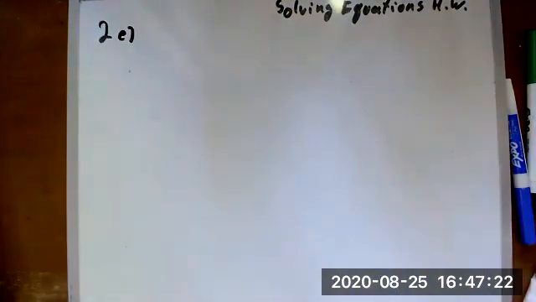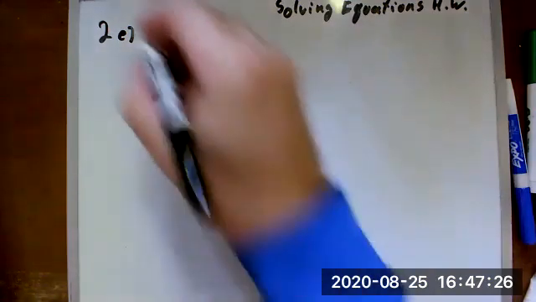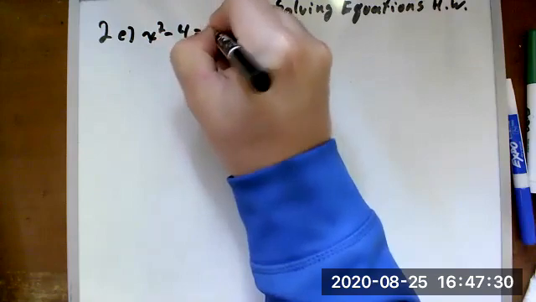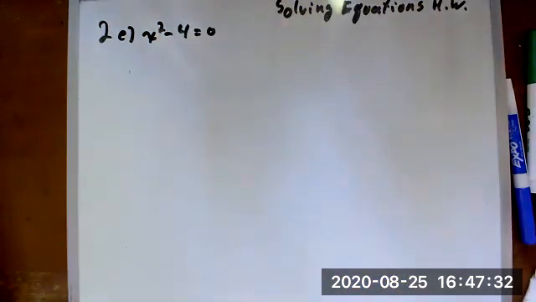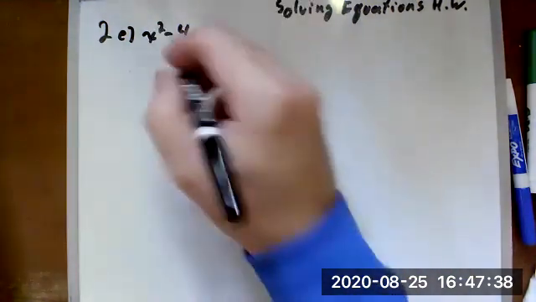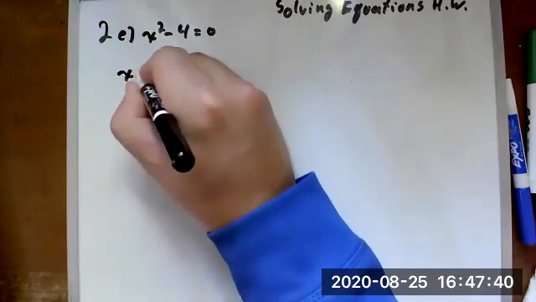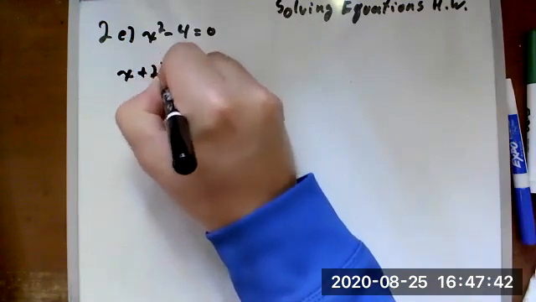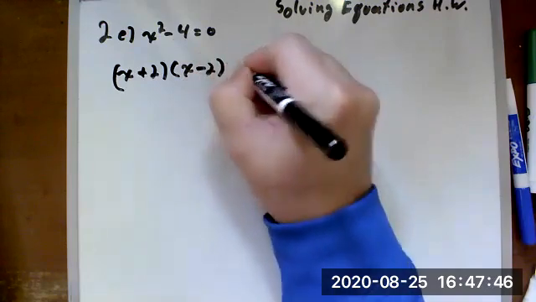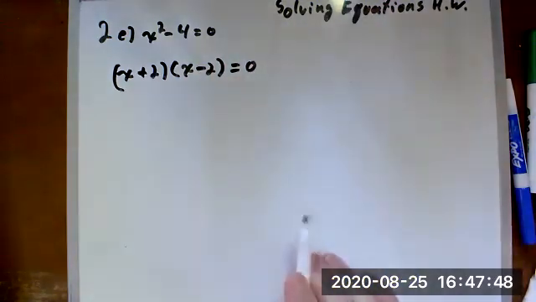2E says x squared minus 4 equals 0. So this is a nice difference of squares. Square in the front, square in the back, separated by a minus sign. So this factors into x plus 2 and x minus 2 equals 0.